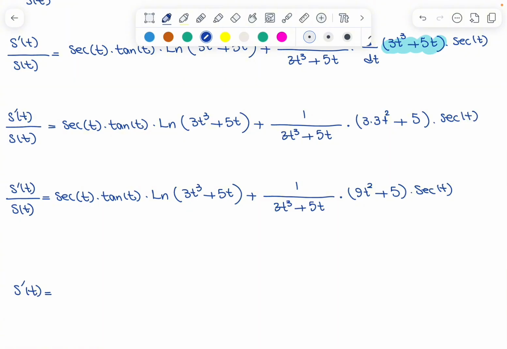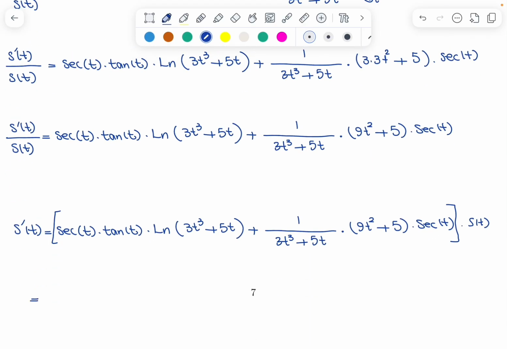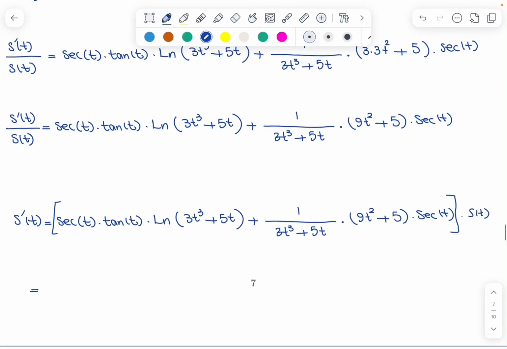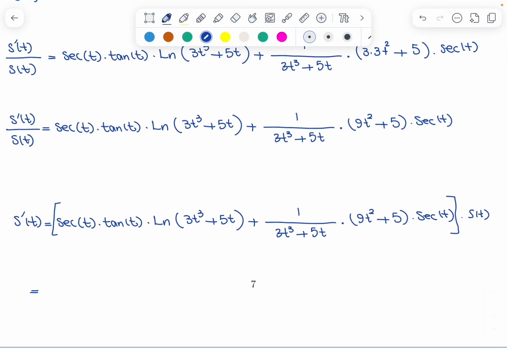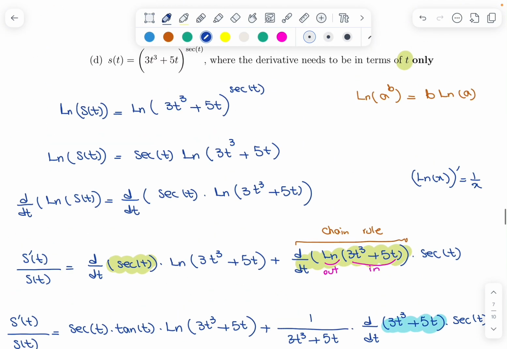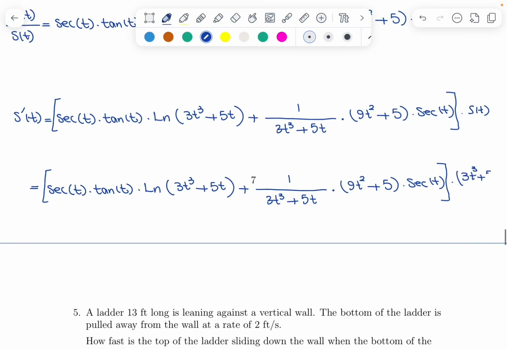So therefore, s prime of t would be this expression, the whole expression, times s of t, which is equal to, at the end you must substitute the given function s of t here, and you must write down the final step just in terms of t. So therefore it would be this one times s of t, which was 3t cubed plus 5t to the secant of t, and you are done.